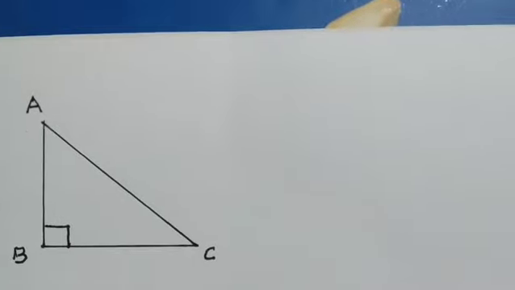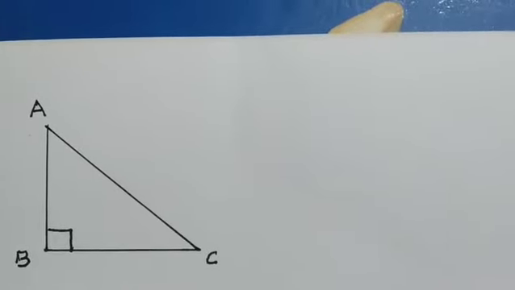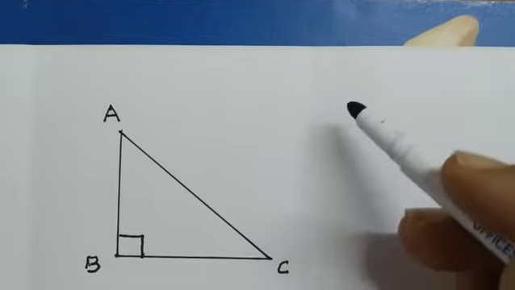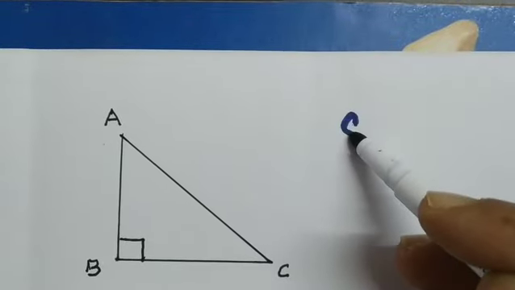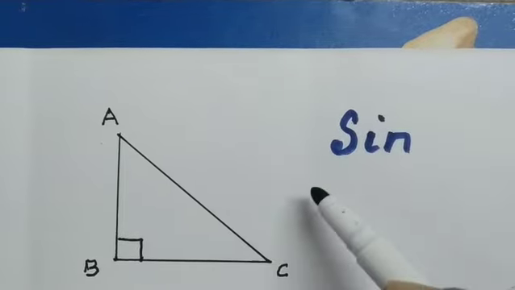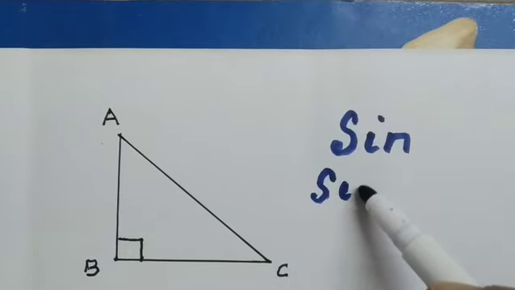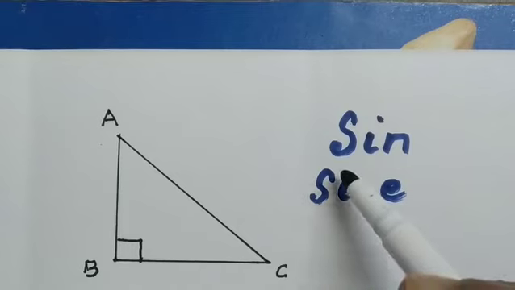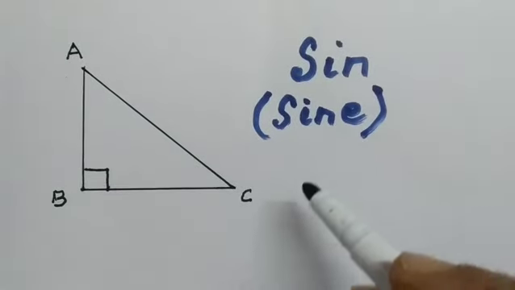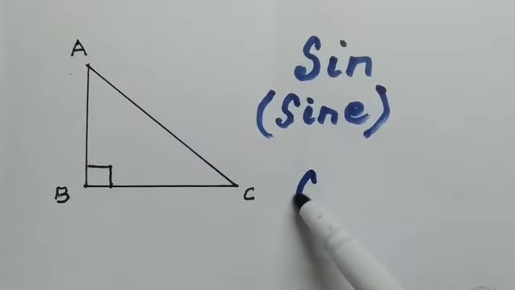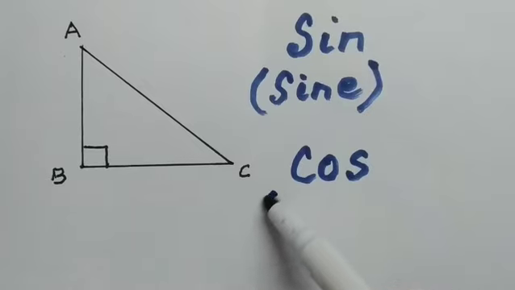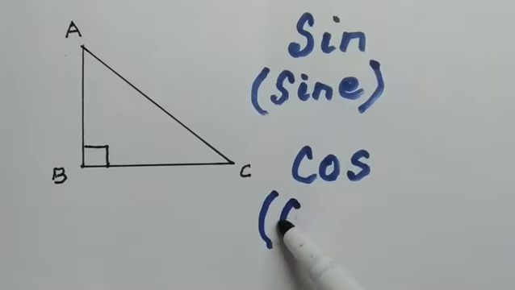Now, there are three fundamental trigonometric ratios. One is sine. Sine is in short written as SIN, although it is SINE. The second ratio is cos, which is actually cosine.